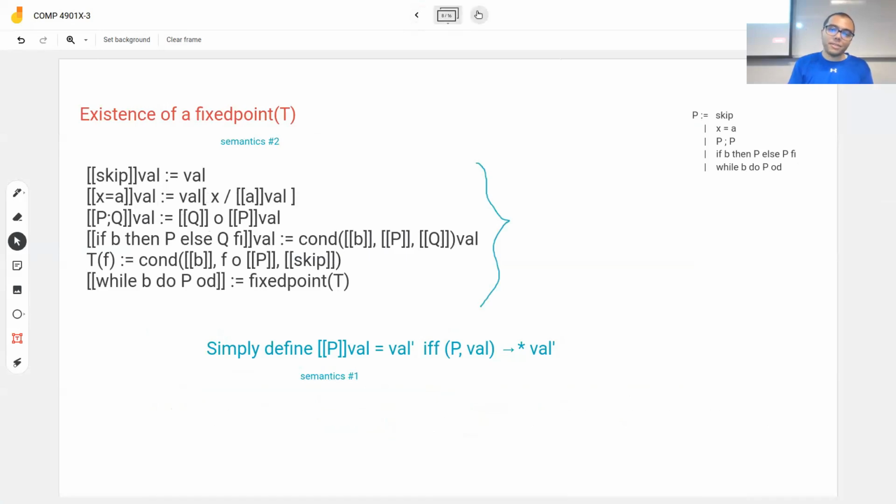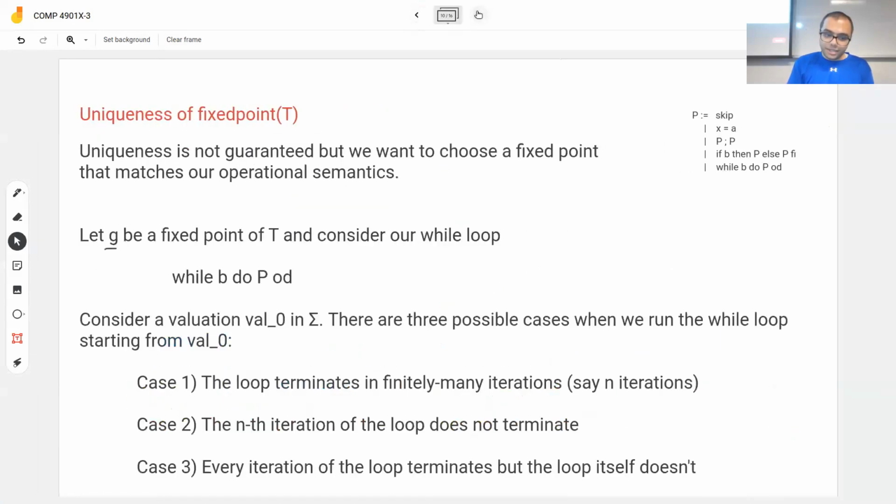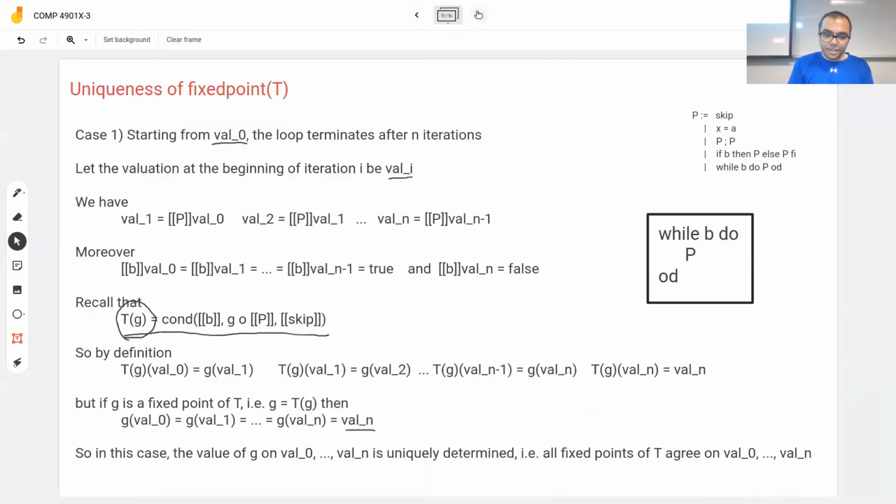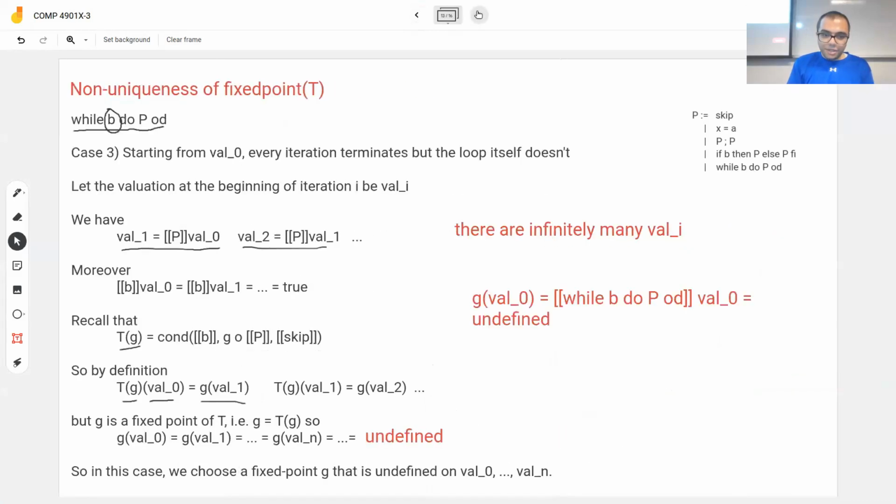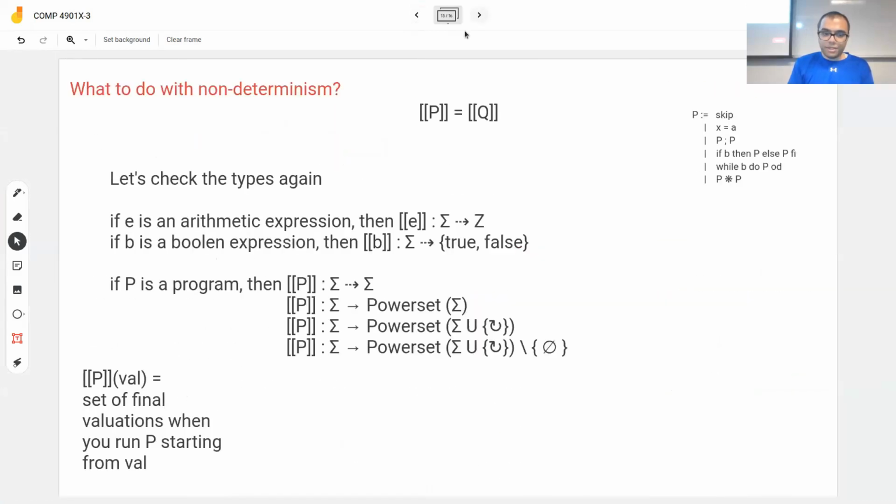But now the fixed point is kind of more complicated. And in order to even have a fixed point, you should have a function that maps from some set to itself. But now you have a function that's mapping from subsets, not to itself, but to this weird different set.